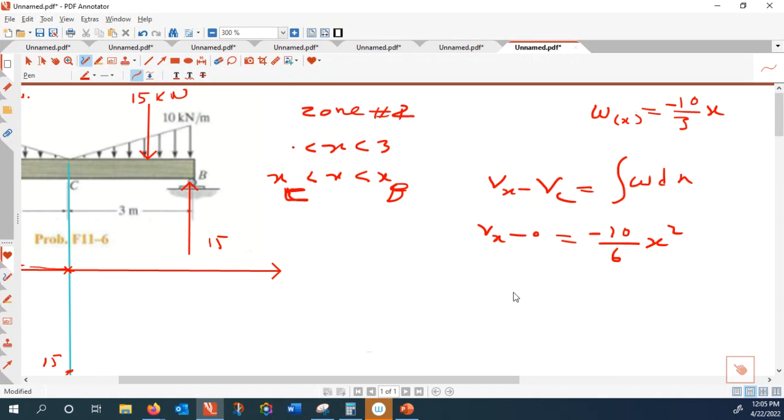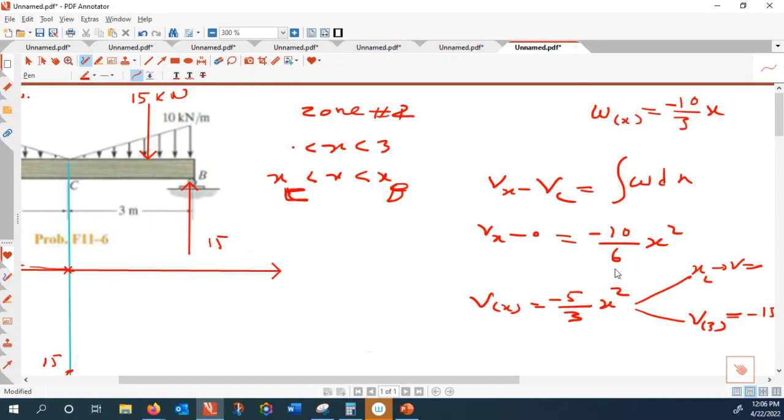All right, so that means V of x is equal to, and at x equal to 0, that's x of c, V is equal to 0, and V of 3 is minus 15.